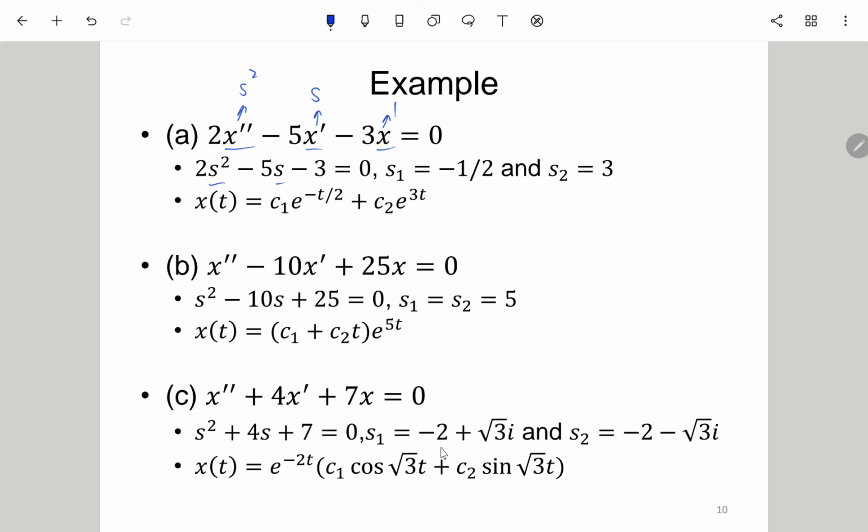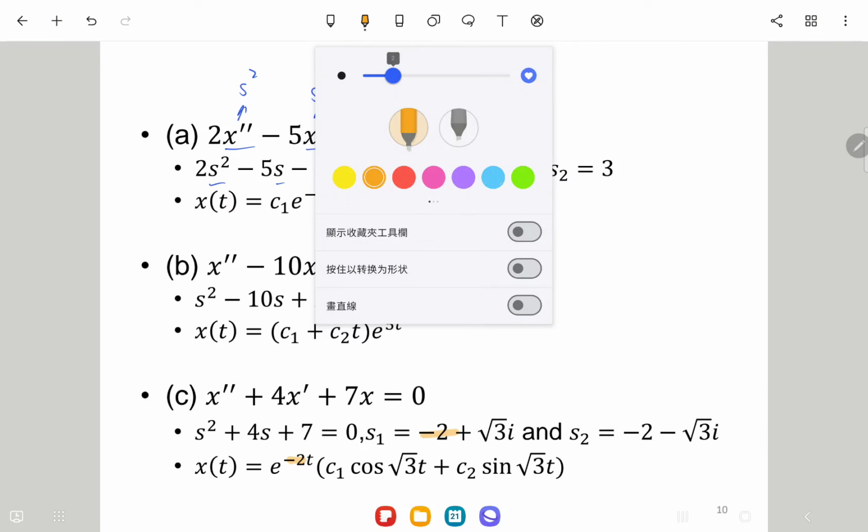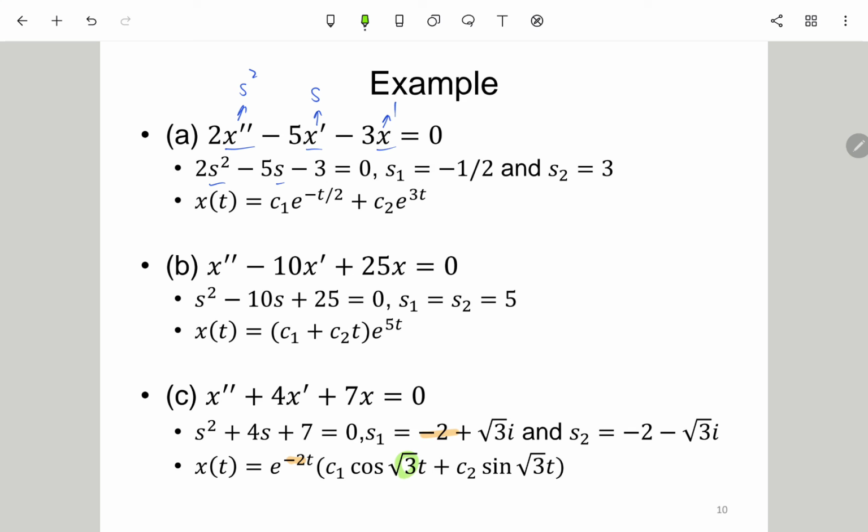The real part is negative 2, and the imaginary part is square root of 3. So the solution is exponential to negative 2t, where negative 2 is the real part, times c1 cosine of square root of 3t plus c2 times sine of square root of 3t.